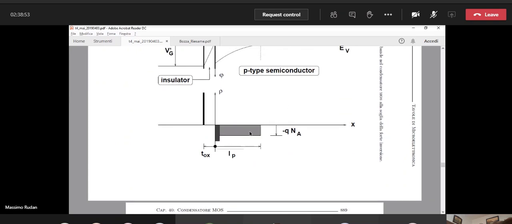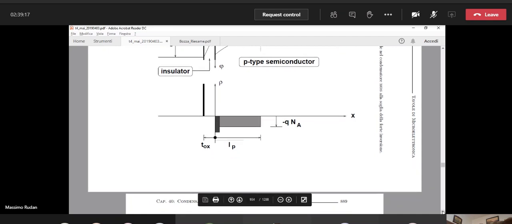If we have a constant charge between 0 and LP because we have squeezed this layer to the origin, solving the Poisson equation becomes obvious because we have the second derivative of the potential equal to a constant.